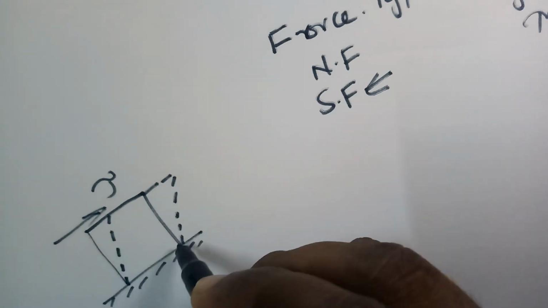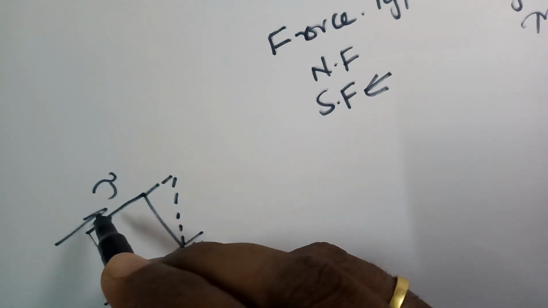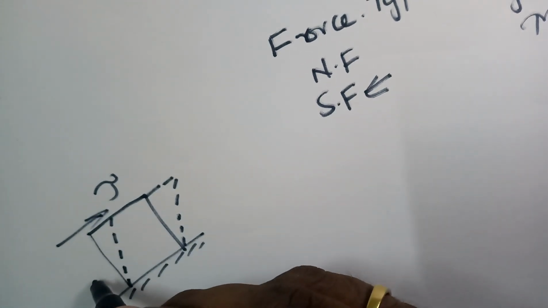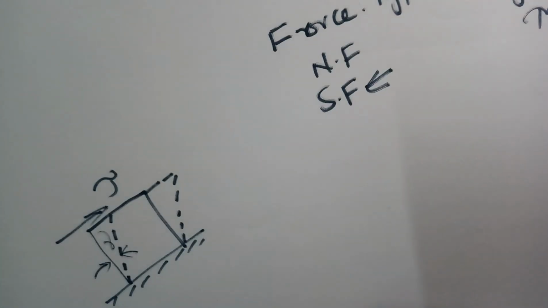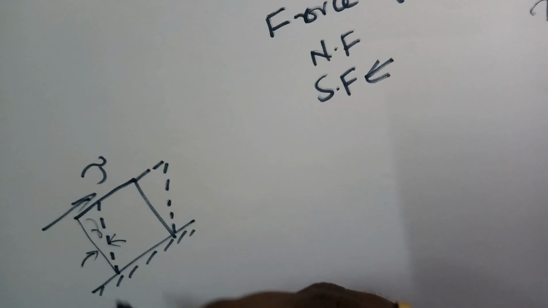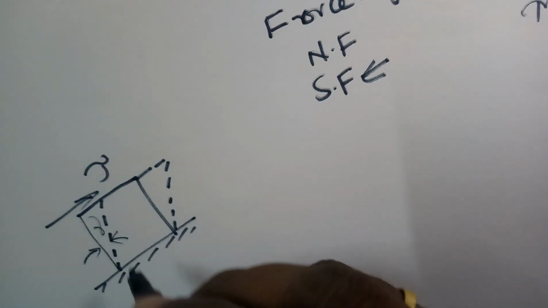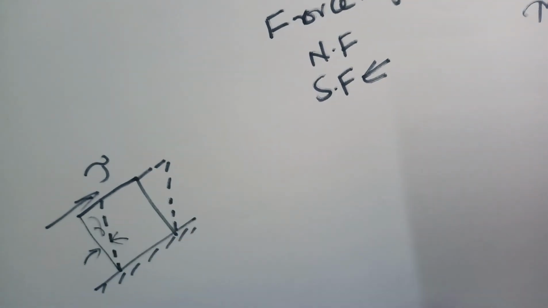This is the new position achieved after the application of shear force. This deformation is gamma. So if you apply a shear force on your body, the body deforms like this.